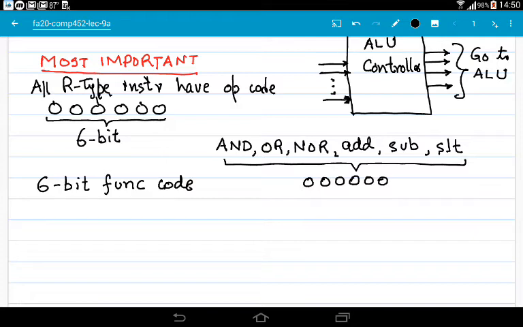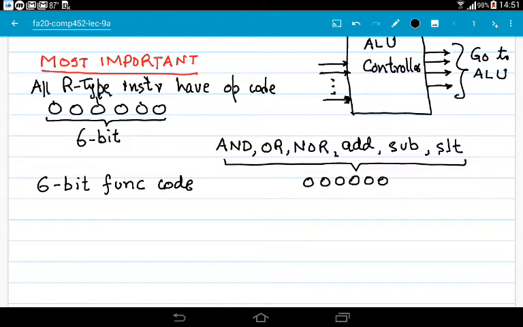Now all the opcode bits are 0 for all R type instructions, but function code bits are not 0. So it is the function code bits that will tell us which operation has to be performed by the ALU, and therefore all these 6 bits must be available to the ALU controller to determine how to set its output lines so that the correct operation is performed.